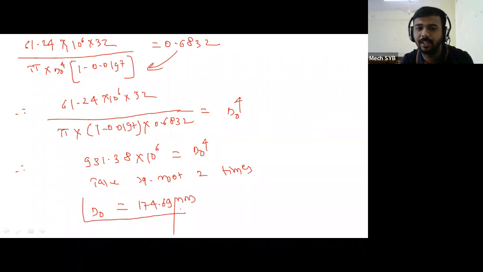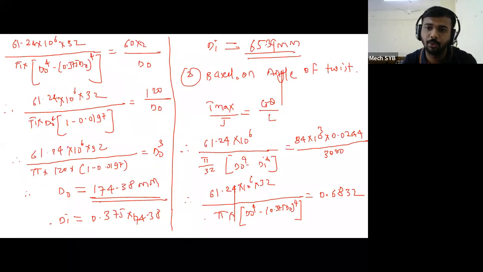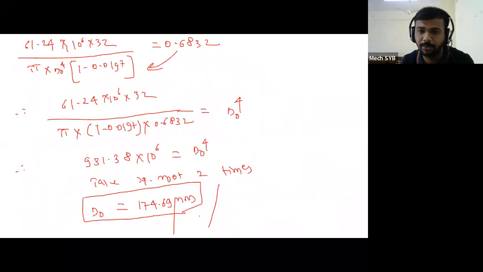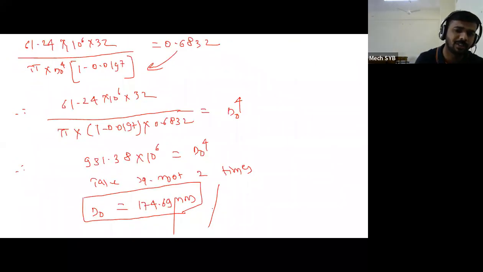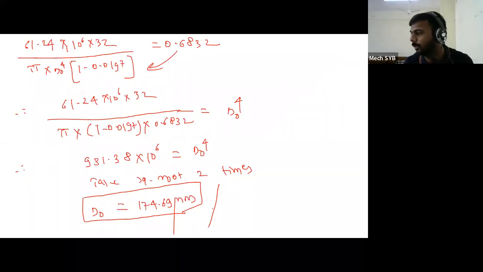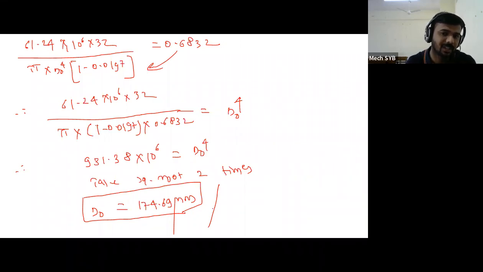Very small change is there from this value and the previous value. In the previous also 174 point something and here also 174 point something. That means only a small change we have obtained. But in the previous problem, at one side you will get 156, at one side you will get 154, so that 2 mm variation is there. So 174.69 mm is the external diameter by using the angle of twist.